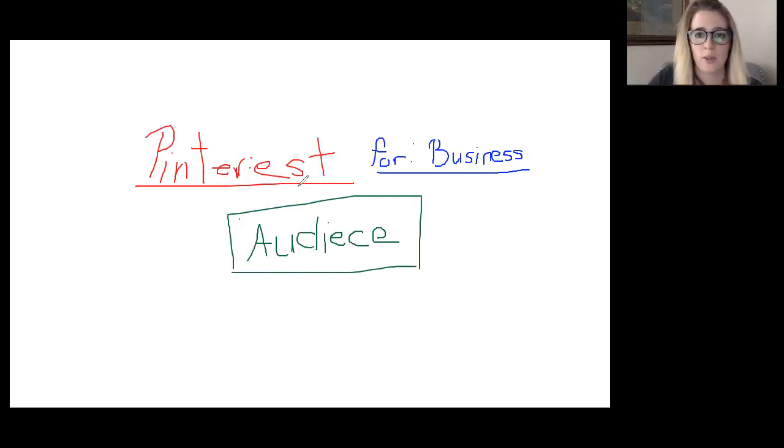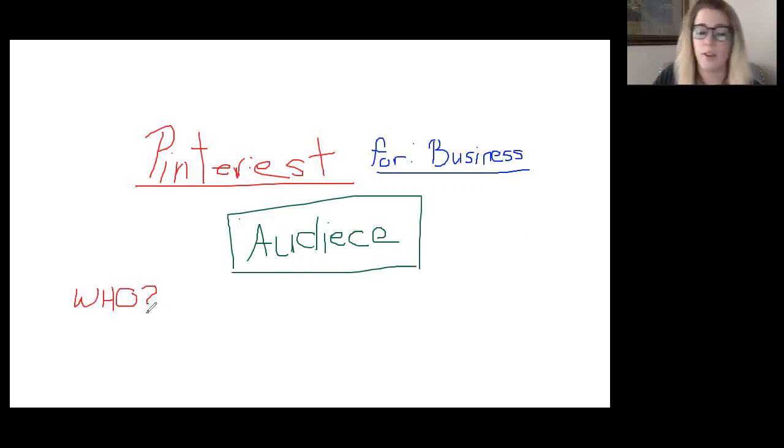Okay, so the next step for deciding if Pinterest is right for your business is to understand a little bit more of who is on Pinterest. And this is why it's important to know who your target audience is. So, who is on Pinterest?